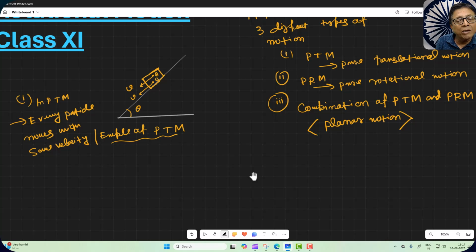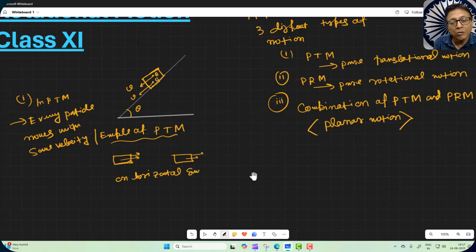This can happen on a horizontal surface also. This block is moving on a horizontal surface. The velocity of every point on it will have the same value. Then this is pure translational motion.